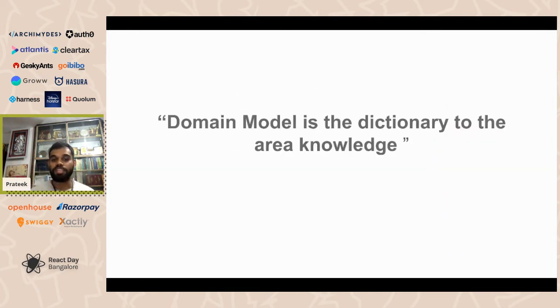A domain model is the dictionary to the area of knowledge. Once your product development cycle starts, the domain model becomes your dictionary, your shared mental model, which I just talked about, for everyone in your team. Domain is your problem space, domain model is the solution space.